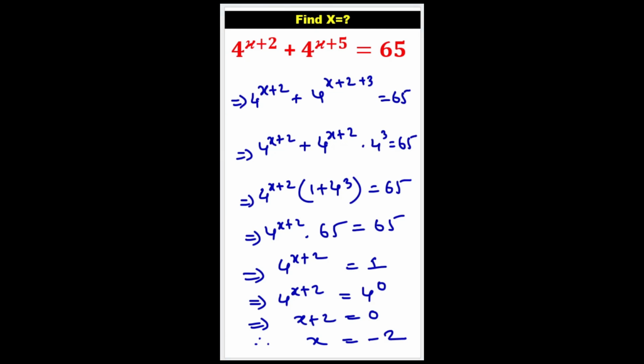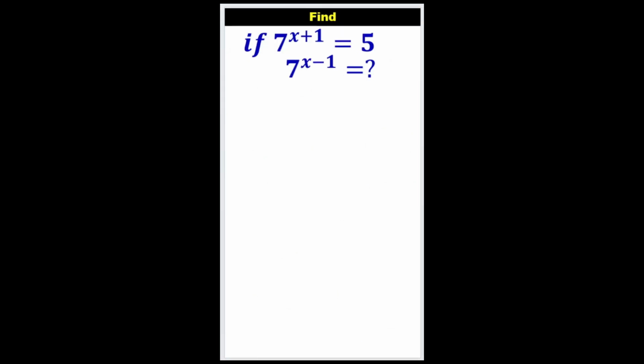Okay, thank you. If 7 to the power x plus 1 equals 5, find the value of 7 to the power x minus 1. If we multiply both sides by 7 to the power minus 1, what will come? Look, we have 7 to the power x plus 1, we need x minus 1. So here we multiply by 7 to the power minus 2 both sides: 5 into 7 to the power minus 2.